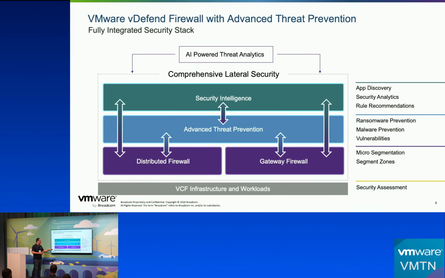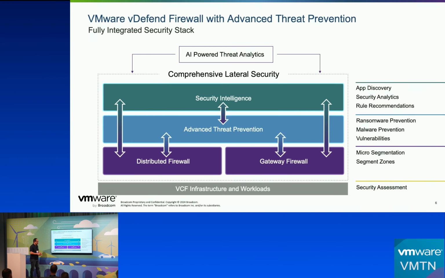This security assessment focuses on the technical configurations of the infrastructure, but also assesses the security maturity levels of all the workloads in the VCF infrastructure. And on top of all of this, we have the distributed firewall sitting in the hypervisor, and the layer 7 gateway firewall if you want to perform FQDN filtering, blocking social media websites, for example, and achieve segmentation or microsegmentation.